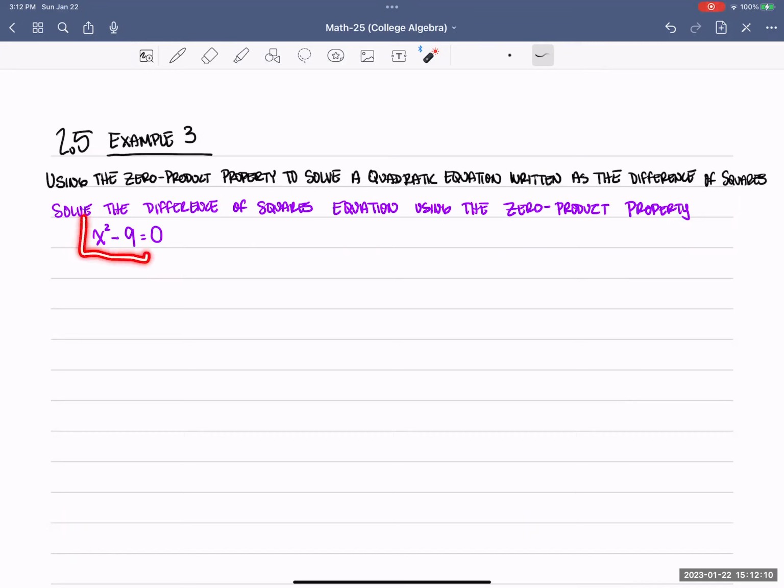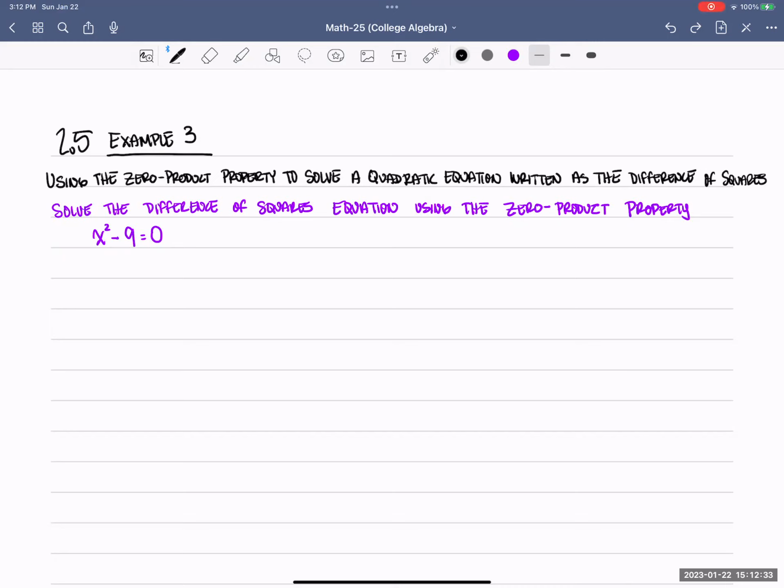So what we're going to do is factor this, but luckily it's a difference of squares. We could think of this as two numbers that multiply to -9 but add to 0, both of those numbers being 3 and -3. We could think of it also by the formula.